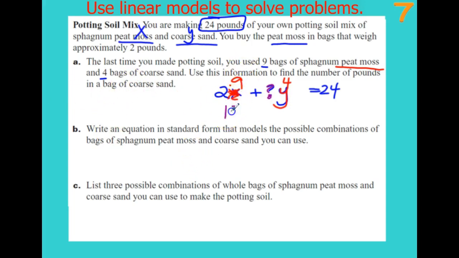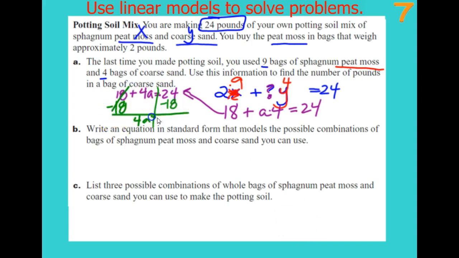So 2 times 9 is 18. And then this, I'm just going to pick the letter A to represent this question mark. A times 4, or 4a, equals 24. And then I'm just going to solve it. We have 18 plus 4a equals 24. Subtract 18.